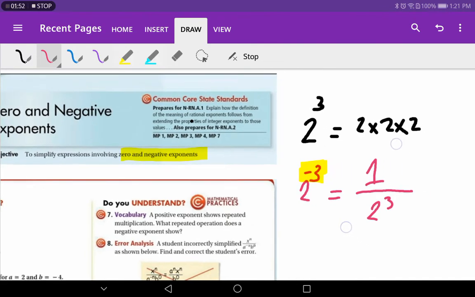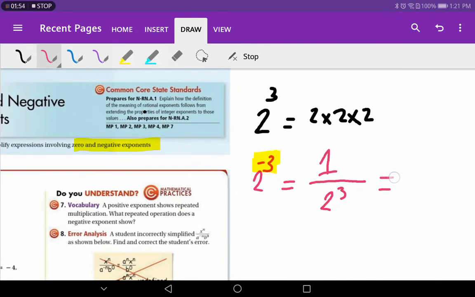So what will be the answer? It will be like this: 1 over 2 multiply 2 multiply 2. And you know that this is 8, yes? So instead of 2 multiply 2 multiply 2, it is equal to 8.